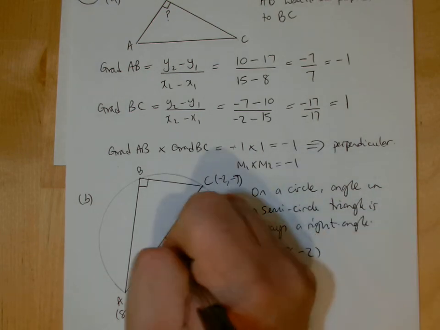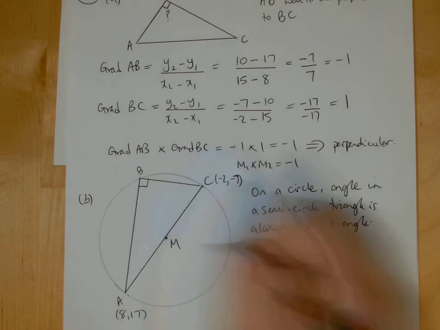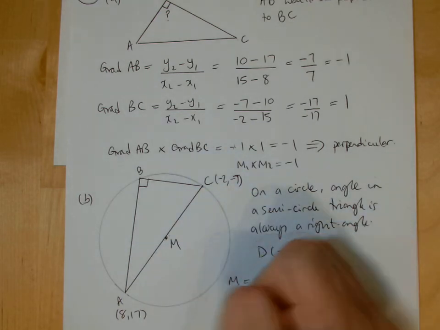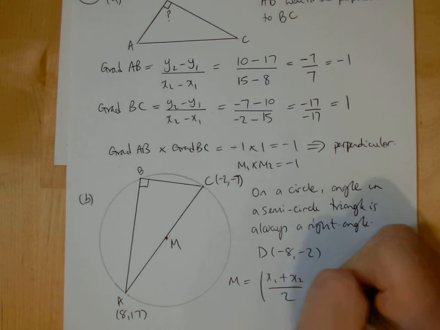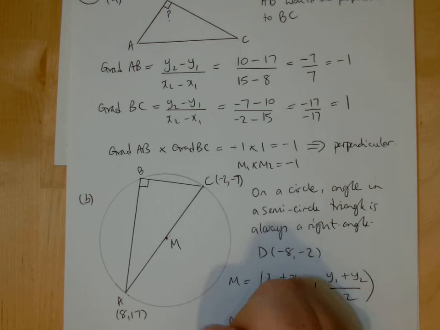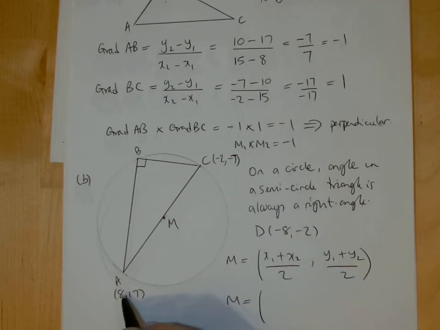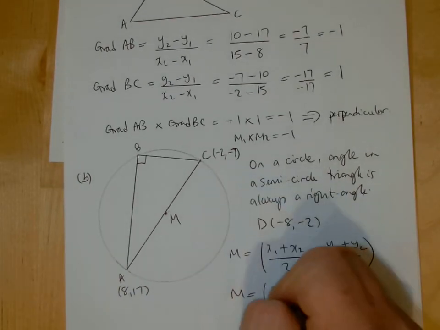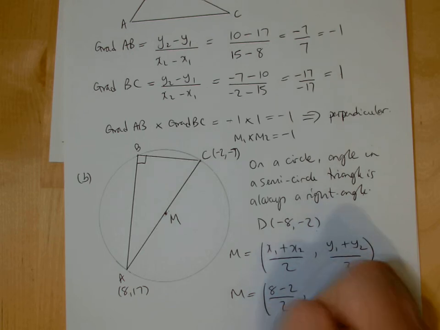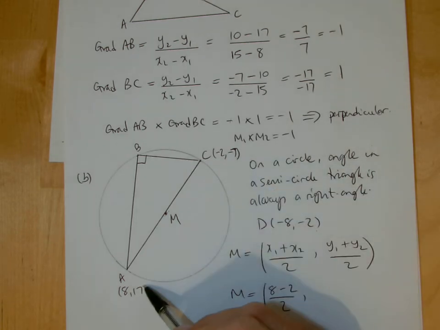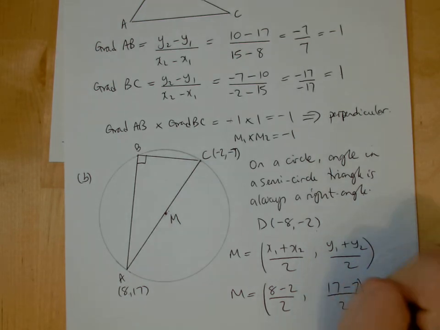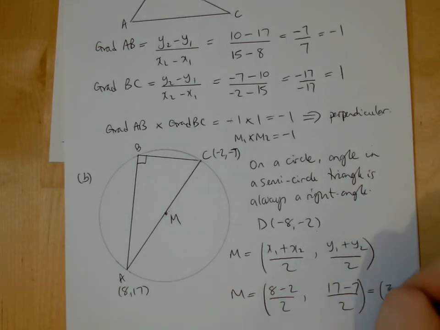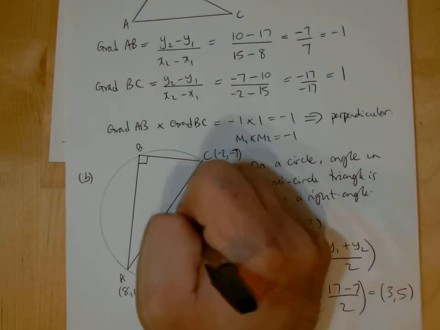We'll call it M. Using the formula for midpoint, remember, you add the x values, divide by 2, add the y values, divide by 2. So we've got 8 and -2, and 17 and -7. That comes out to be 3, 5.